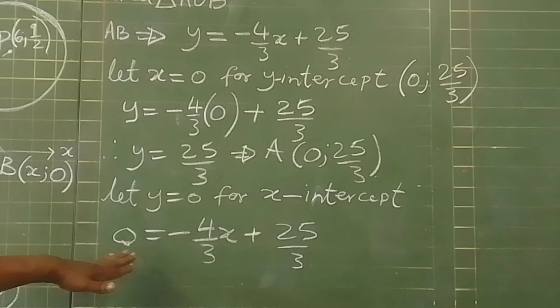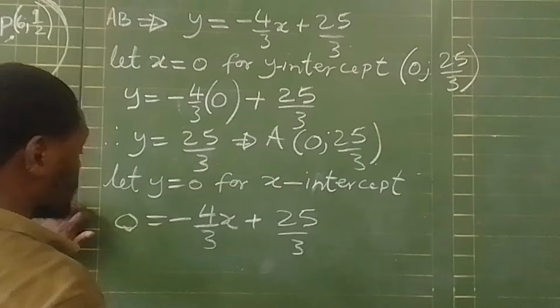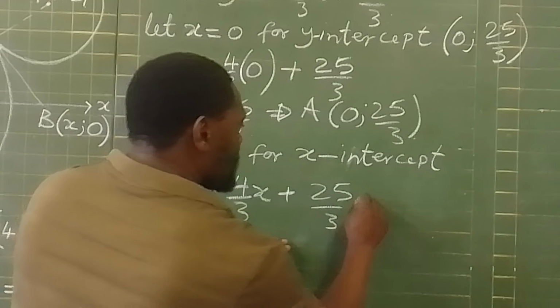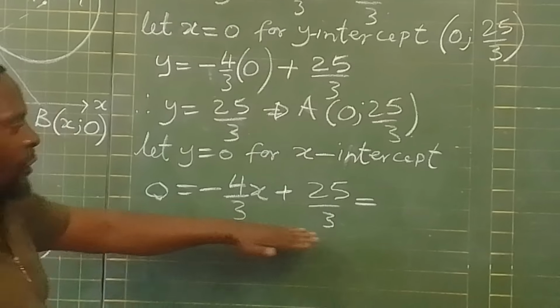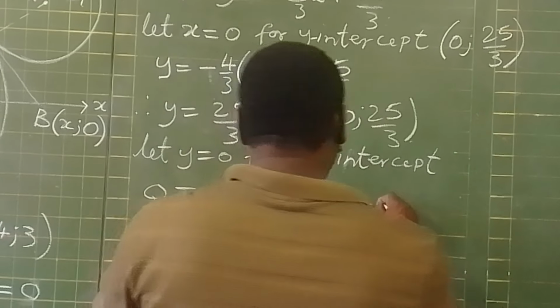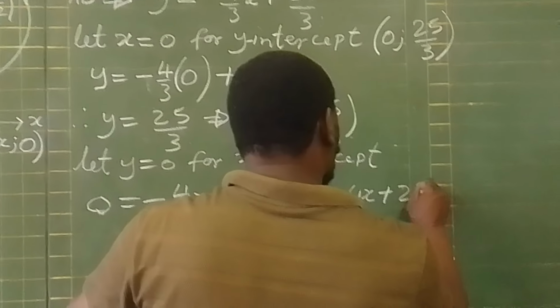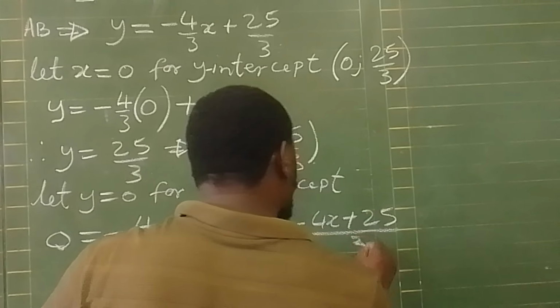This is all in the same denominator, so you have minus 4x plus 25 all over 3.